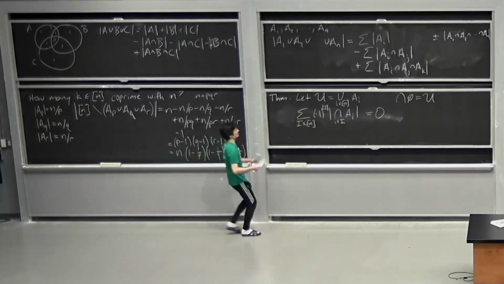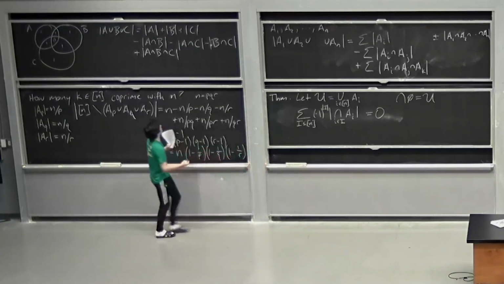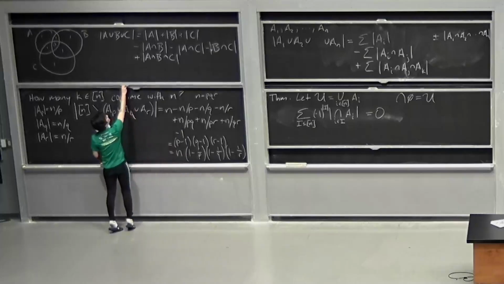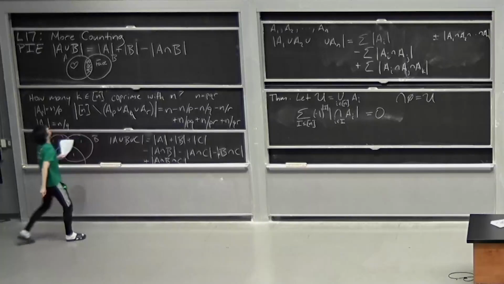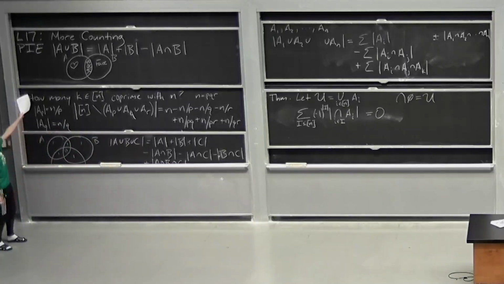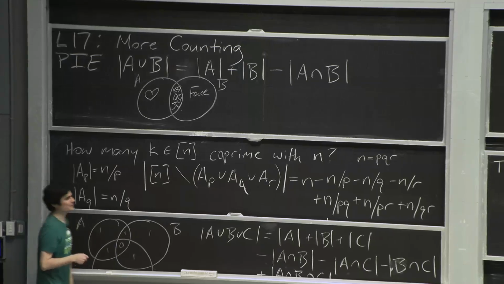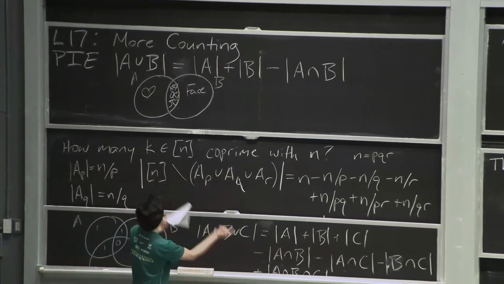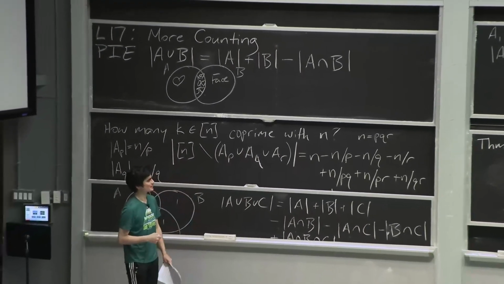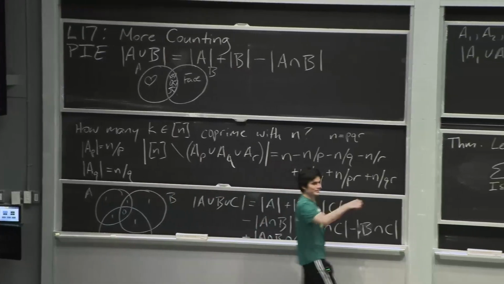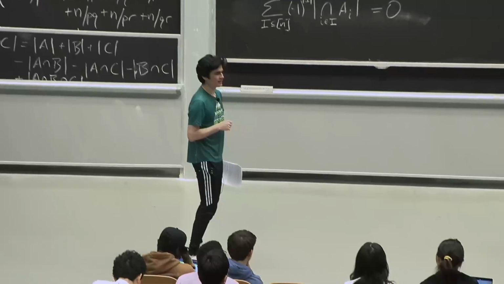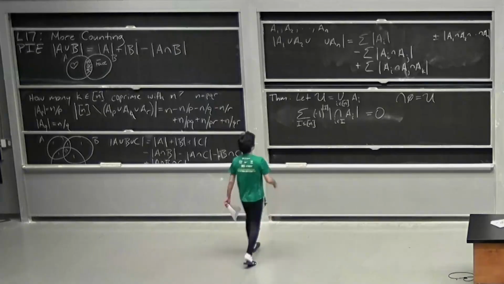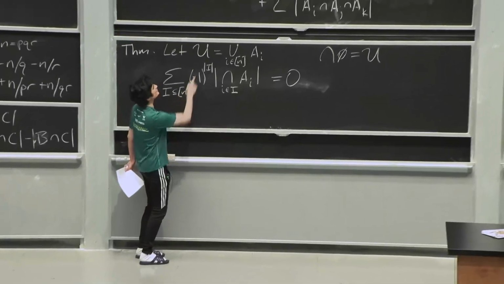Now if you want to think about this in the case of the two-way inclusion-exclusion here, this is saying 0 equals, we move the union over to the right-hand side, or I guess we're moving everything over to the left-hand side based on what I've written. So this formula is basically what we were doing here.